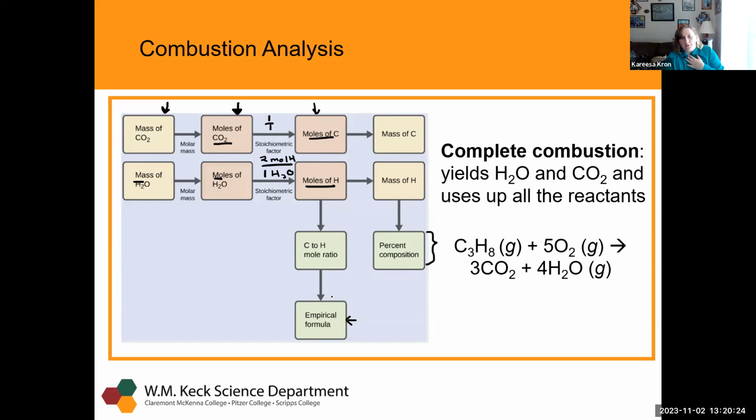So throughout this process, we're separating different components of what we're interested in, or identifying the quantities of one specific component, and using that to help us understand what is the composition or what is the quantity that we had in our reactants or in some compound.